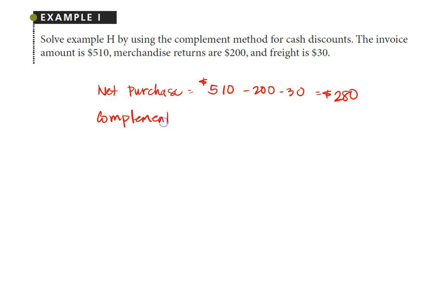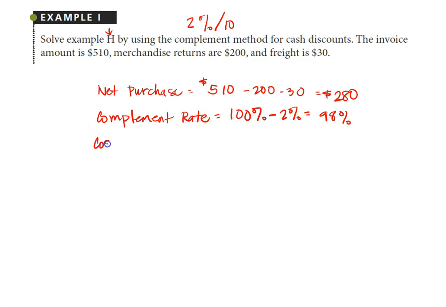And we're still assuming the previous example of H. Remember that it was a 2/10, so they had a 2% discount. So the complement rate of 2% is 98%. Remember, the complement is always 100% minus that discount. And that, again, is 98% for this example.